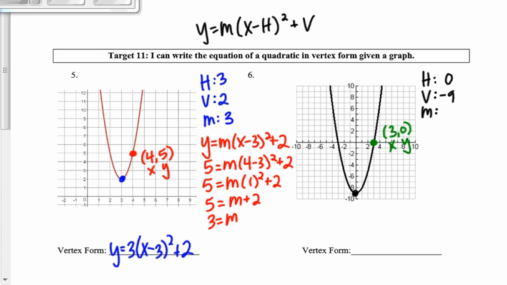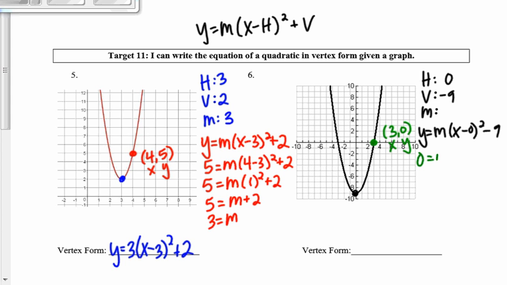So this time, I kind of skipped a step here. Let's go ahead and just put h and v. So that would be x minus 0 squared minus 9. And then let's plug in our x and y value that I picked.